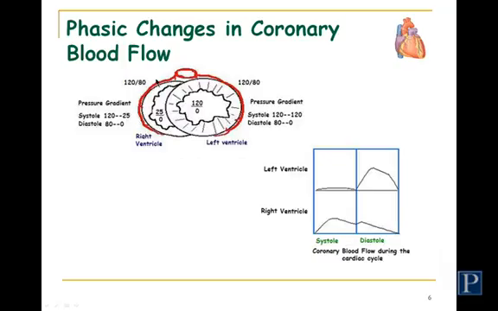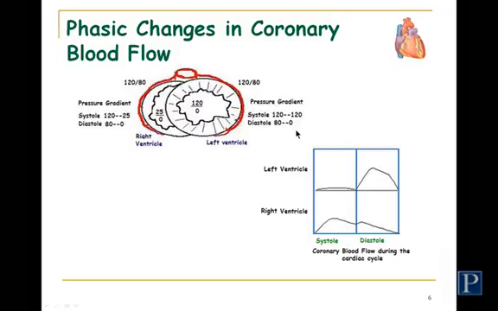You'll notice that between the coronary blood vessels and the chamber of the heart, there's always a pressure gradient during systole and diastole. As long as you have a pressure gradient, you will have flow. But in the left ventricle, the pressures get up to 120 millimeters of mercury. So during systole, you do not have a pressure gradient, so you won't have flow. During diastole, you do, so you will get flow.